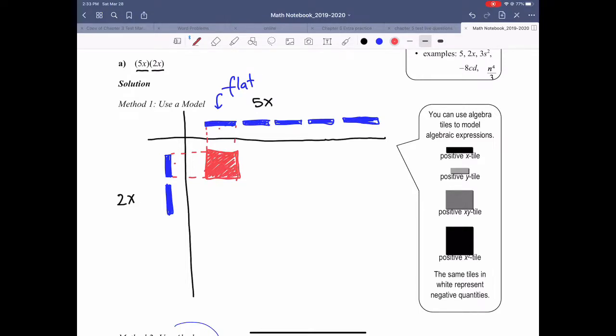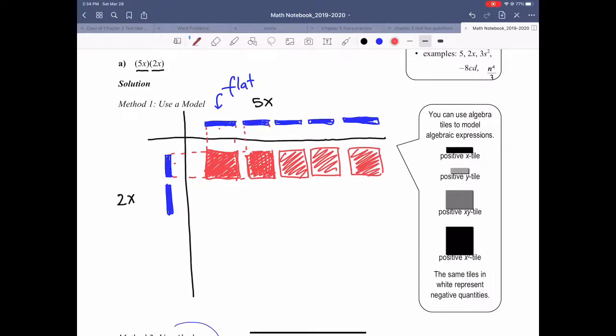Same idea here. If you combine this rectangle and this rectangle, you will have a large black filled square. Same idea here, you will get the same thing.